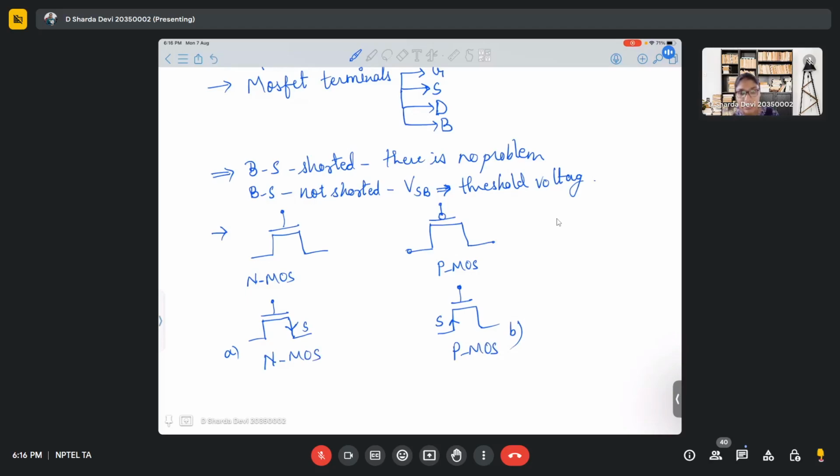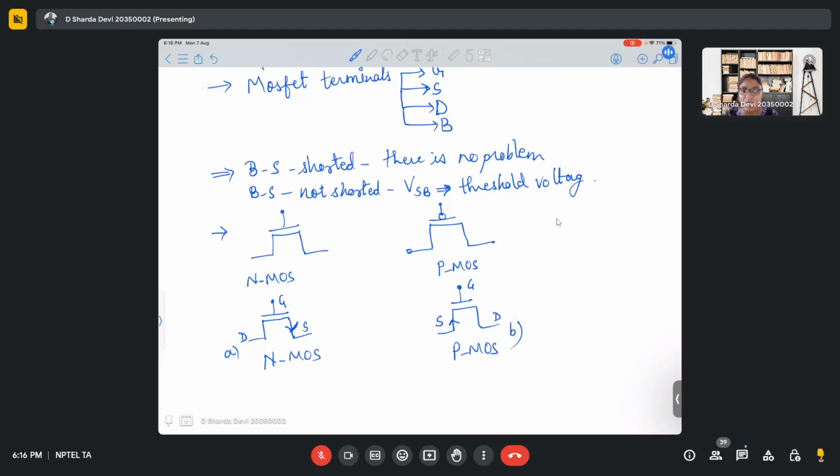The arrow also shows you the current direction. Okay? In NMOS, source is at lower potential compared to drain. In PMOS, source is at higher potential compared to drain. Is this clear? So these are the things that we need to keep in mind. First of all, the arrow always shows you the source terminal.